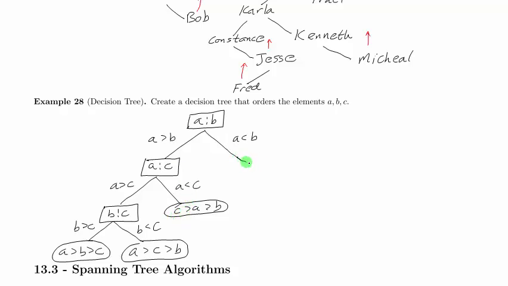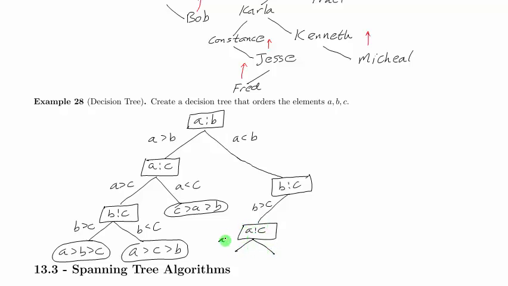Moving off to the other side, I'm going to extend this to give us a little bit more room. We compared A and B, so let's look at, say, B and C on this branch. If B is larger, B greater than C is going to then lead us to, well, we know that B is greater than both A and C, so we need to compare A and C, see where we're at.